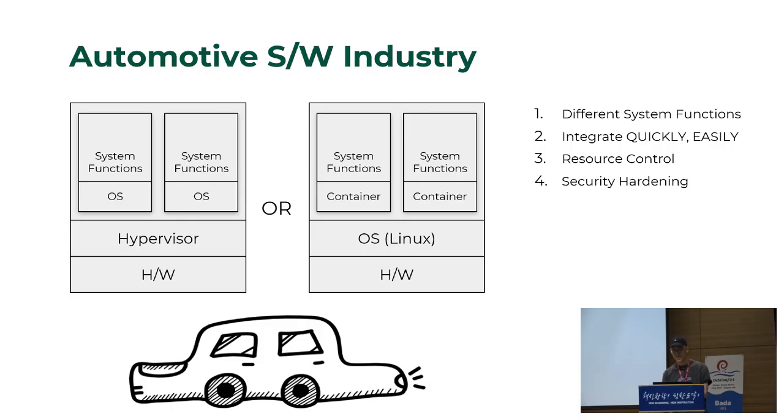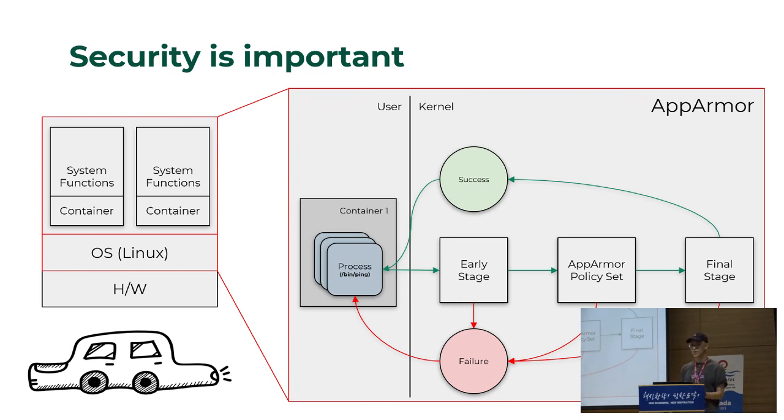Containers offer benefits such as quick and easy integration, resource control with cgroups, being a lightweight virtual machine, and enhanced security through isolation. Even though a set of processes working in a container doesn't affect the host, OS security is still important.